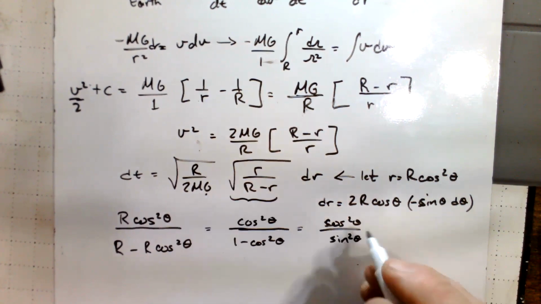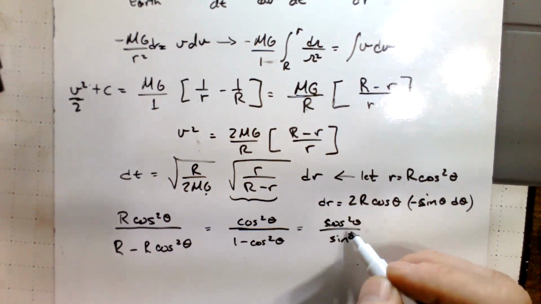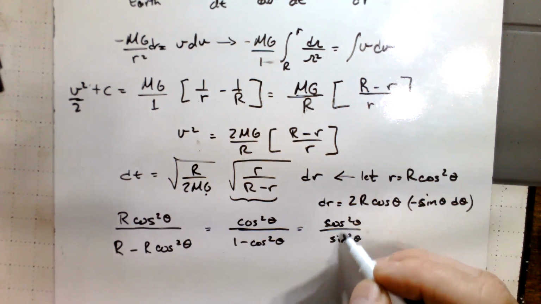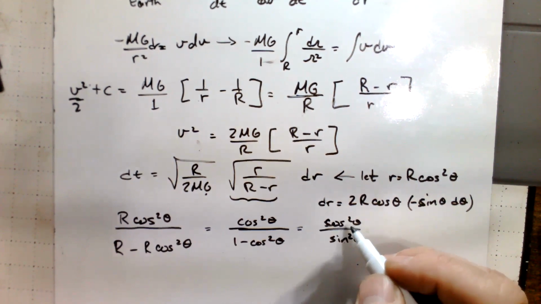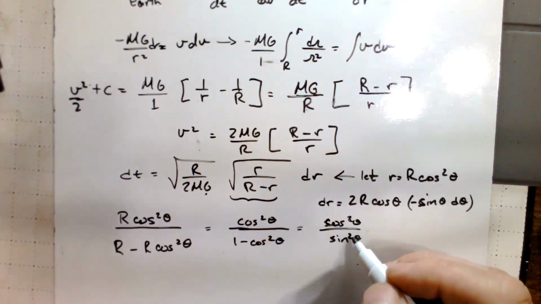And remember, this is underneath the square root. So if I take the square root of both of those, that's going to give me cosine and sine. We will assume that our angles are appropriate so that the sines and cosines are not negative, even though they are being squared. So we don't have to worry about the absolute value.